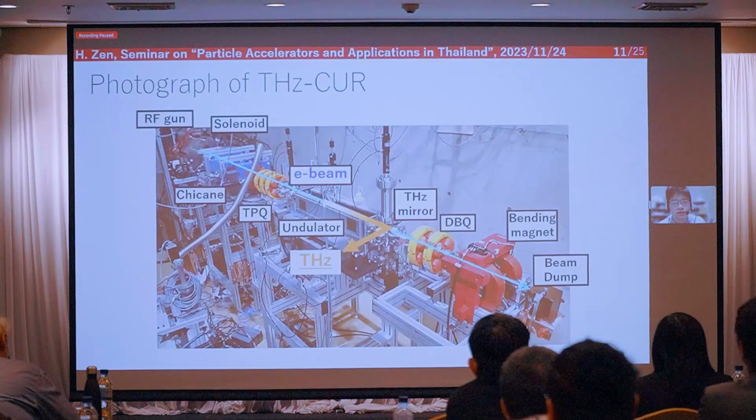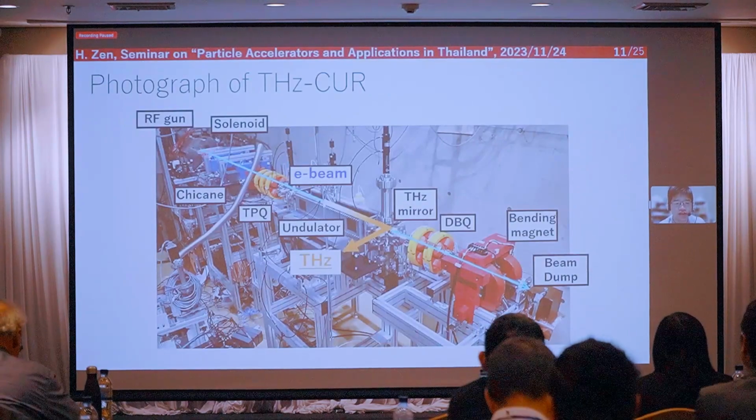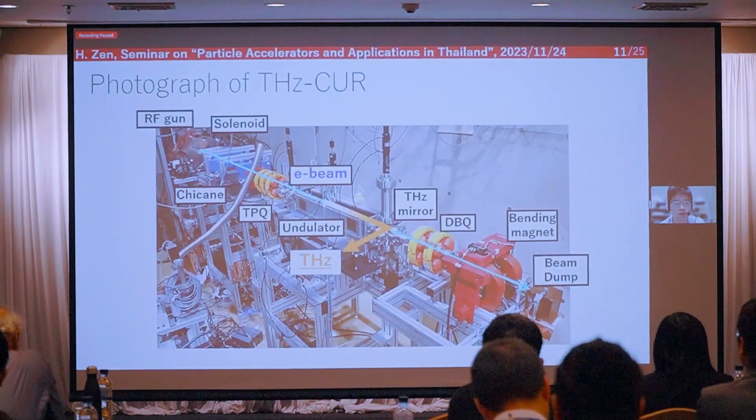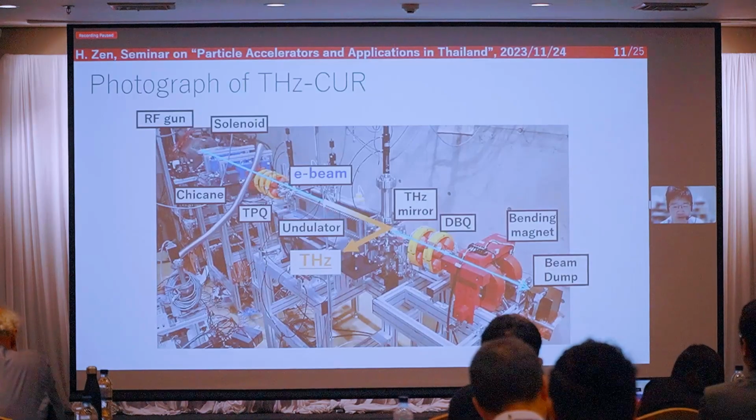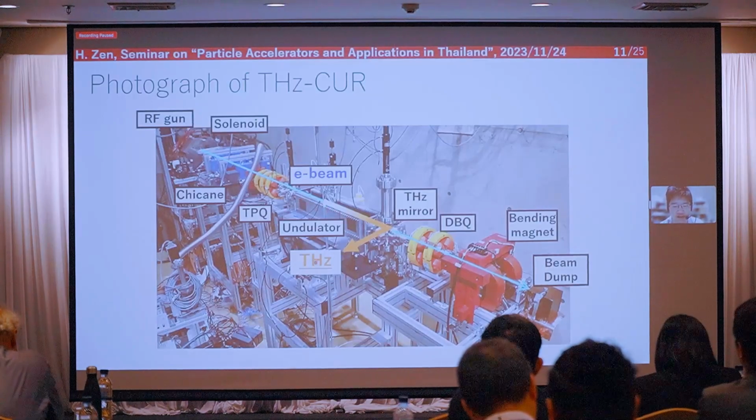And this is a photo of the system. There is an RF gun behind the solenoid, and using a scan, we compress the electron beam and focus the electron beam by a triplet coupler and send the electron beam to the undulator to generate terahertz radiation.